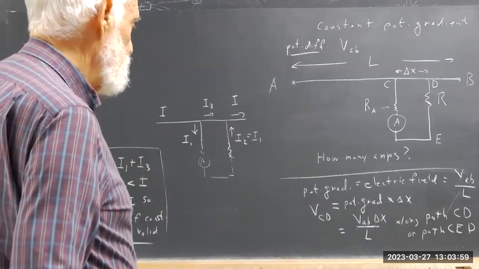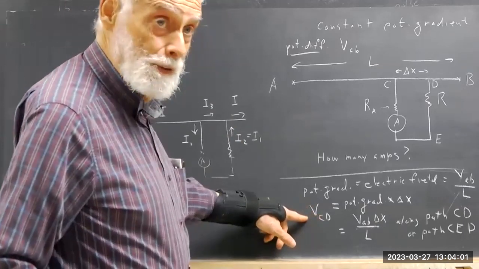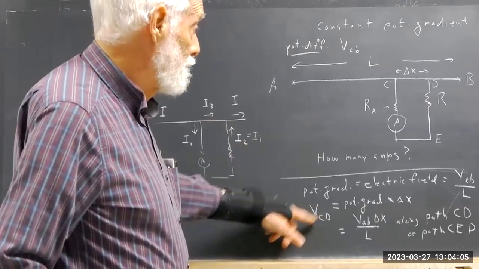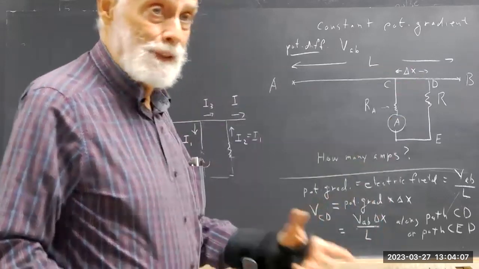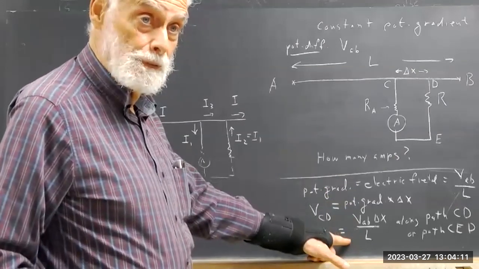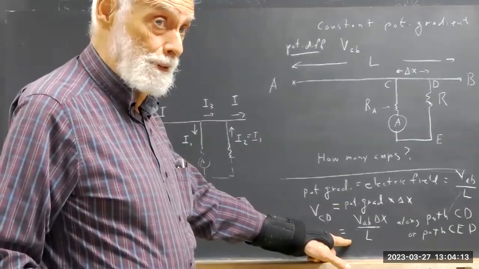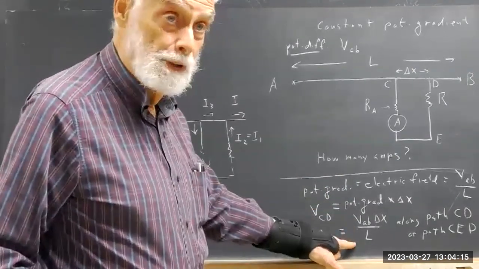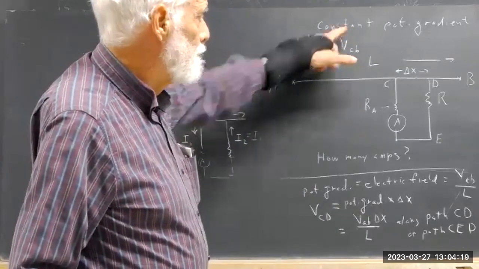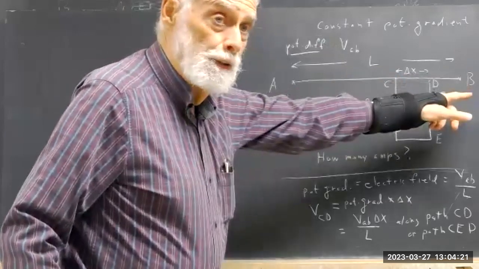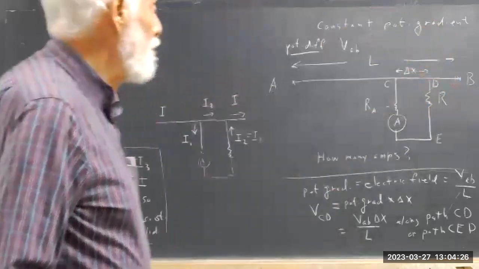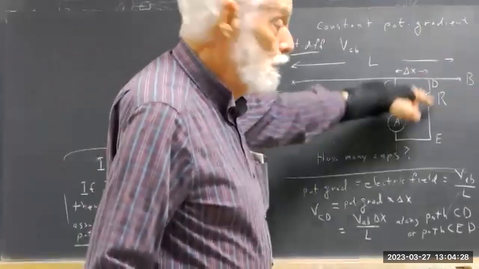In this case, it's valid. If there's too much current here, then the voltage between C and D is actually a little bit less than what you get from this, because this is based on a constant potential gradient along this wire. Again, that's based on the idea that we're not tapping off a whole lot.